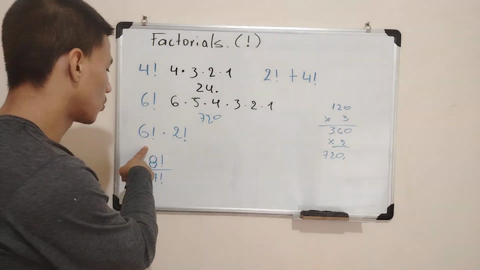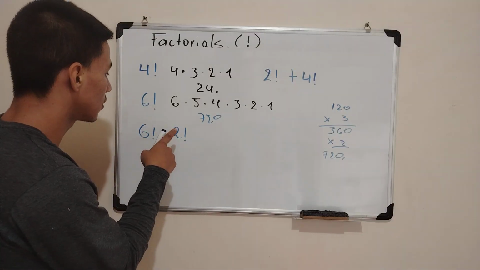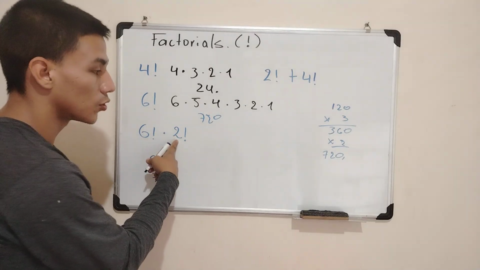Now this is quite short. 6 factorial times the factorial of 2.